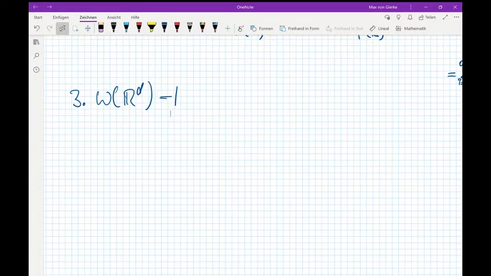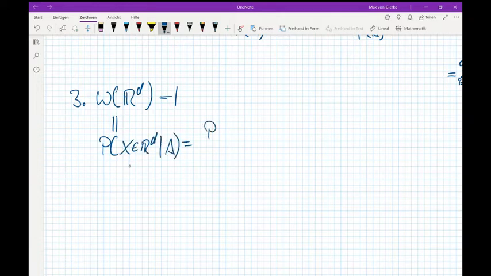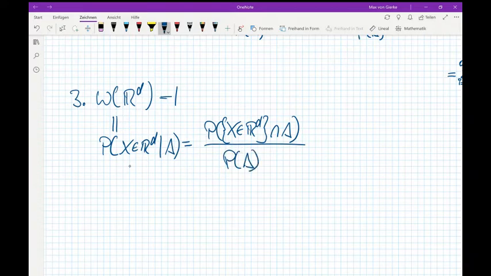Okay, so why is this true? Again, it follows from the fact that P is a probability measure. We have P of x in R^d conditioned on A. Again, with Bayes, we have x in R^d intersected with A over P(A). Well, this is trivially true.